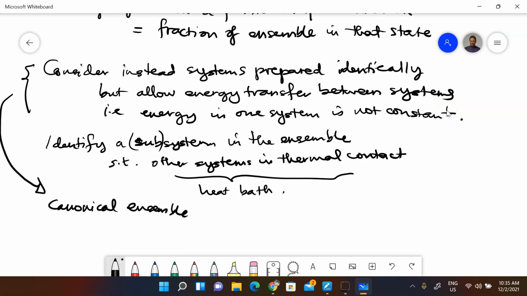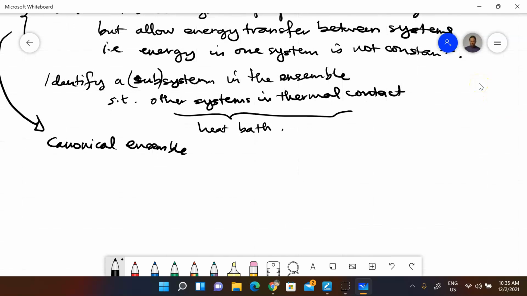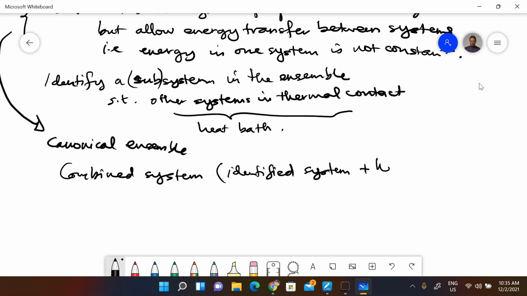So if you consider the energy of this ensemble, the combined system, which is the identified system plus the heat bath, then again one has to put the condition that the combined system is thermally isolated.